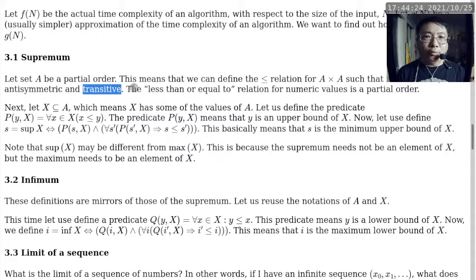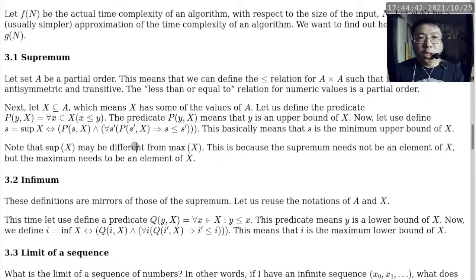Yes. Okay, excellent. So, getting back to here, supremum is actually a more general term because it works on any set that has a relation that is just partially ordered instead of totally ordered.